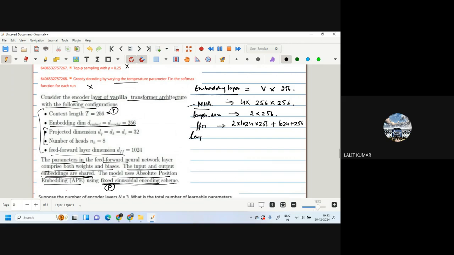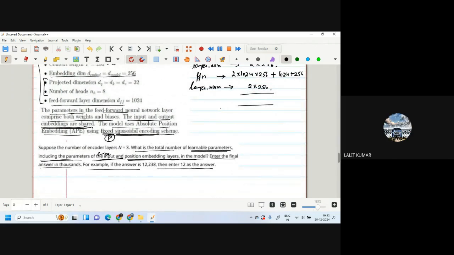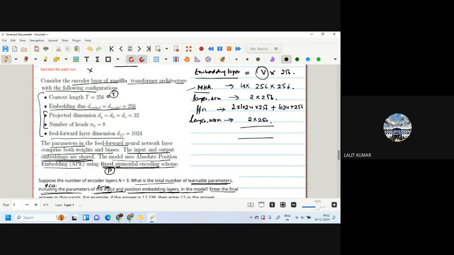And then layer norm is 2 into 256. But due to this error, we cannot find it because the vocab size is not there. And they have especially asked for the total number of learnable parameters including the parameters of the input. If they had said to exclude that, then we could have calculated all this. So that's why this question has an error.